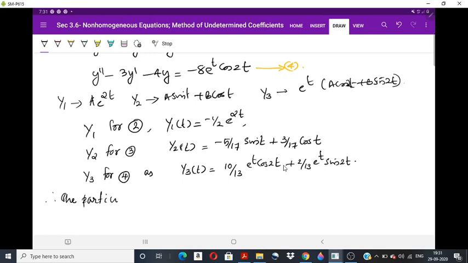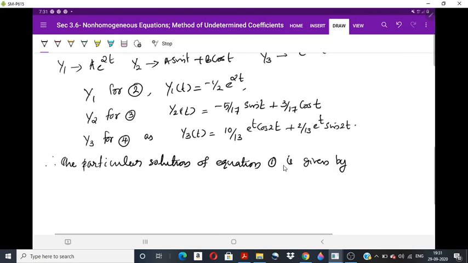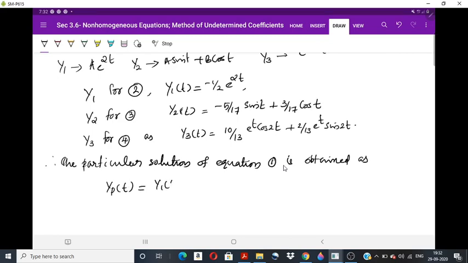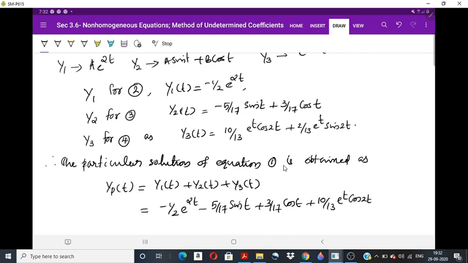Therefore, the particular solution of equation 1 is obtained as yp of t is equal to y1 of t plus y2 of t plus y3 of t, and this is equal to minus 1 by 2 e raised to 2t minus 5 by 17 sin t plus 3 by 17 cos t plus 10 by 13 e raised to t cos 2t plus 2 by 13 e raised to t sin 2t.